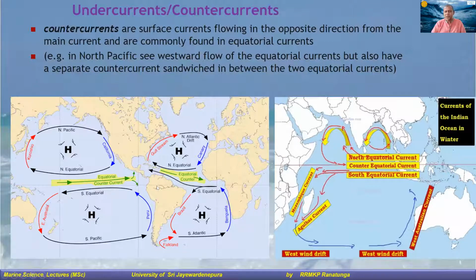Now this is interesting, since the trade winds flow from east to west, so the current should be flowing in this direction, from here to here, but there is another current flowing back.